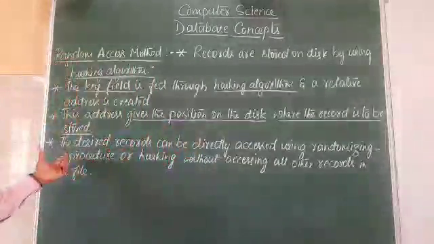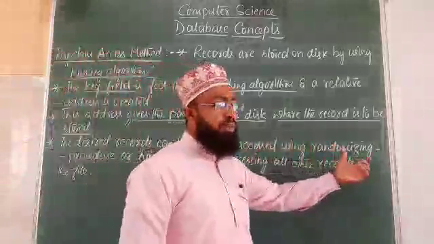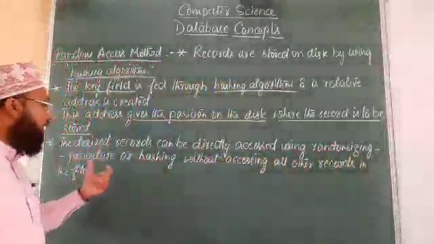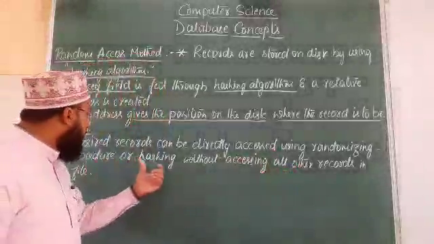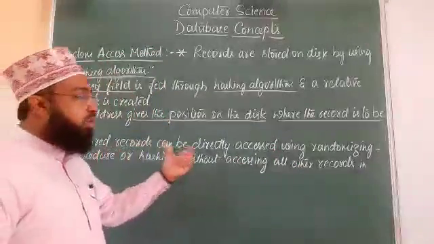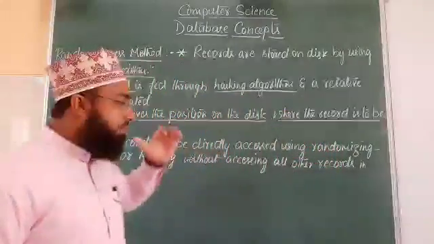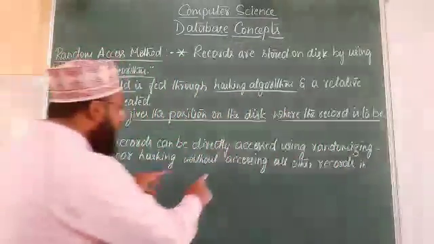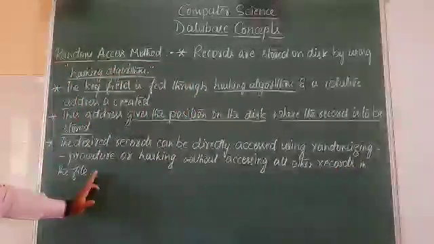And next, the desired records can be directly accessed using the randomizing procedure or hashing. Either by the randomizing procedure or by hashing, the desired records can be directly accessed under the random access method without accessing all other records in the file.